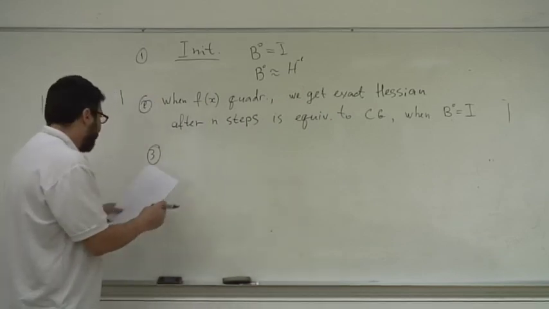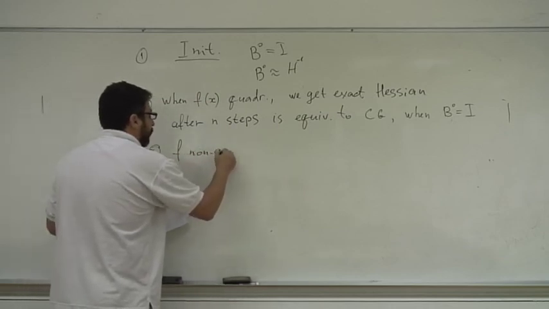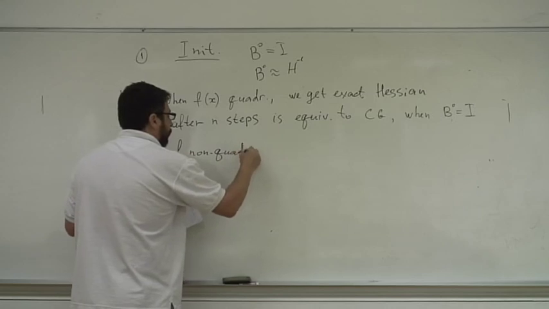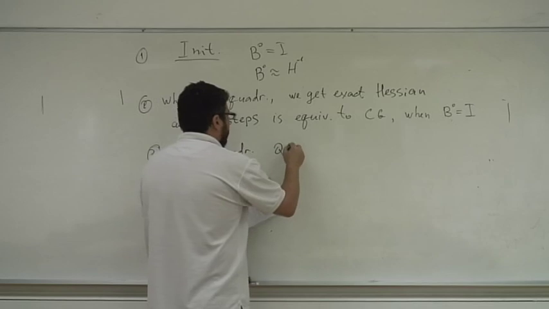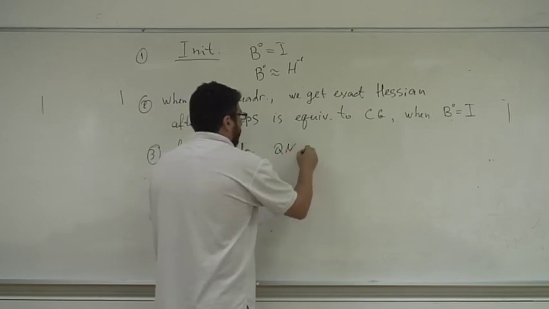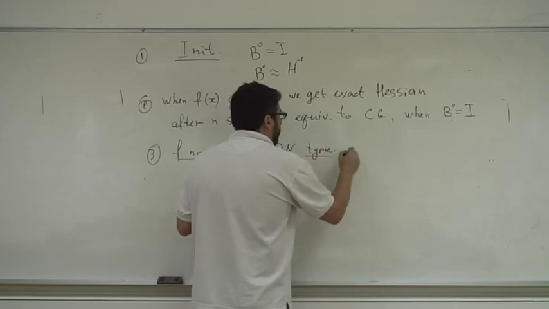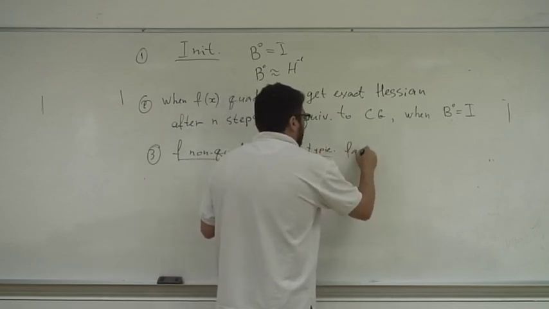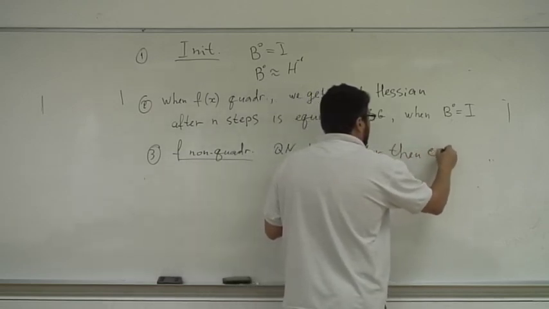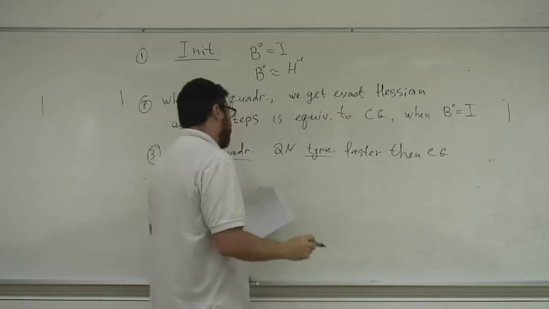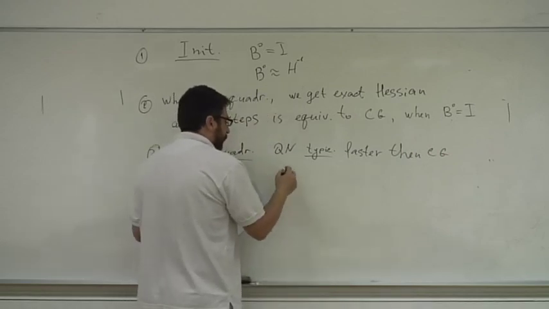So for f non-quadratic, Quasi-Newton is typically faster than CG. And another important advantage, it doesn't require exact line search.